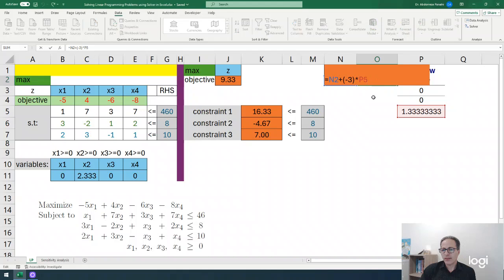Why? Because I increased by how many units? It was 46. Now it is 460. So it is 460 minus 46. This is the change. But what's the shadow price? Shadow price this time for the first constraint is 0.